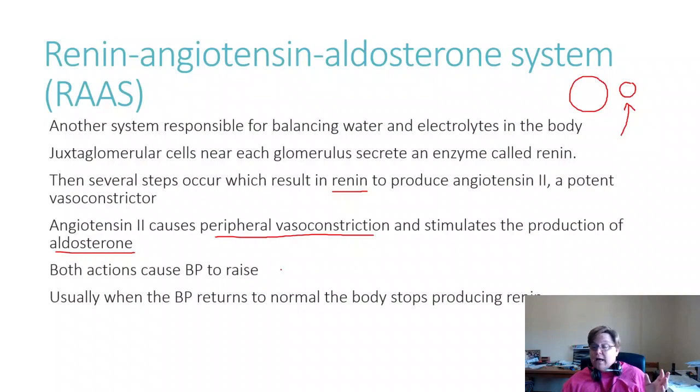We don't want it too high, but we also don't want it too low. And since we have to have blood moving through our kidneys at a rate that's appropriate to produce 20 to 30 mLs of urine an hour, we need our blood pressure at a certain level. When the blood pressure returns to normal, the body stops producing renin, and we move back to the normal state of our blood vessels.